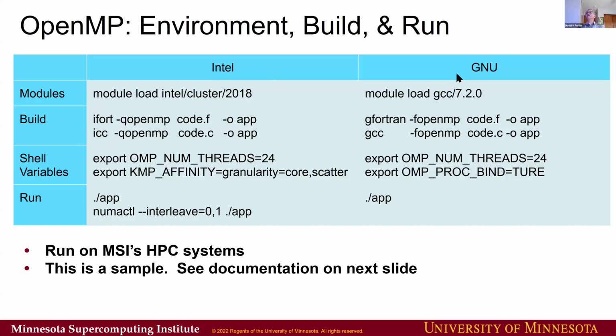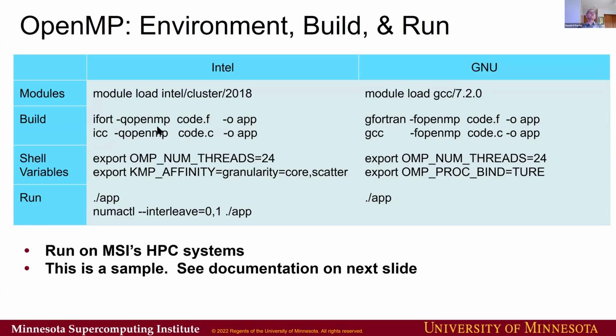The two main families of software you might want to look at are Intel and the GNU compilers. So we have modules for each, and I'm only listing one, and these are probably already not the best or optimal ones to use. We have quite a few, and it will depend on the current generation. I'll point you to documentation we have for that.